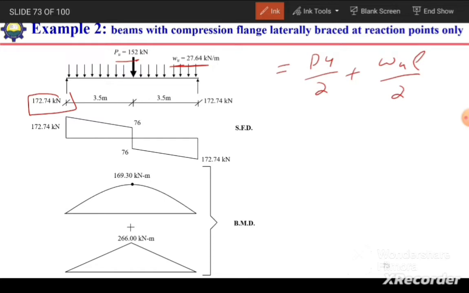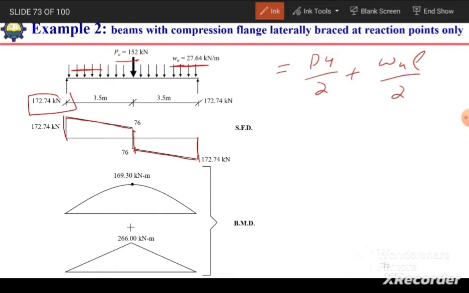After that, we can draw the shear force diagram. So 172.74 at this point, and then it will be continuously decreasing linearly because of this UDL, and then it will decrease by 152 kilonewton at this point where the point load is acting, and then again it will be decreasing by this WU, and at the end again it will be 172.74.